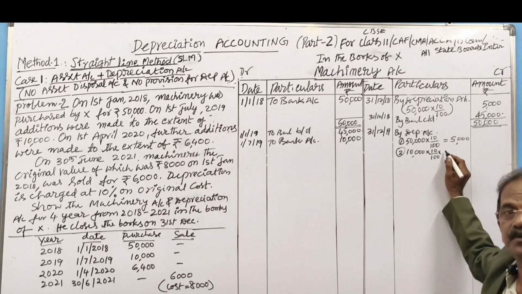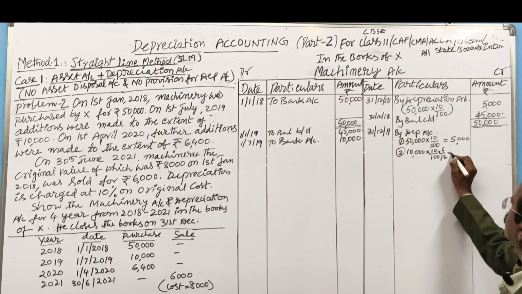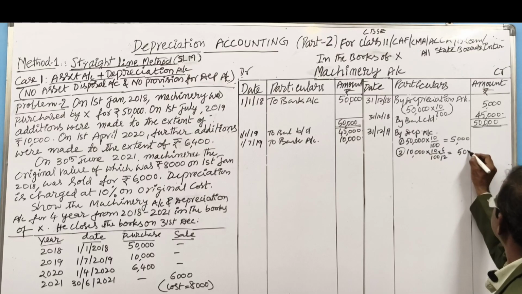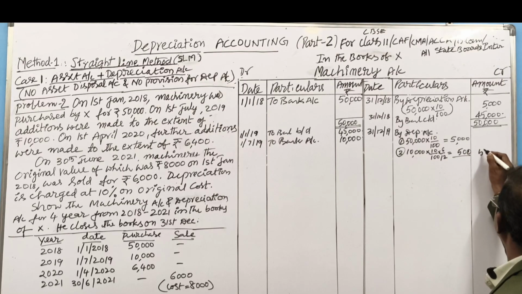Only 6 months we have used. That's why we have to calculate the depreciation for 6 months. So 6 by 12 equals 500. Then total 5,500.